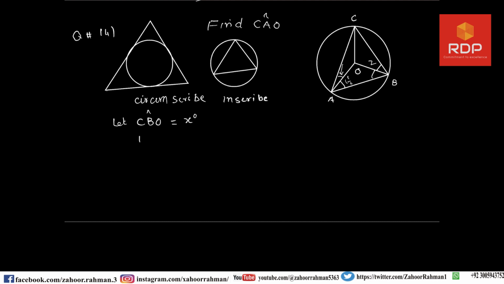In this situation, we can say that angle CAO is 1/2 x degree, because they told us that CBO is twice CAO. So if that is twice, then this one will be half.